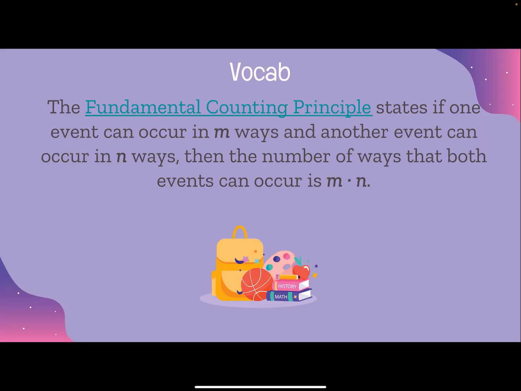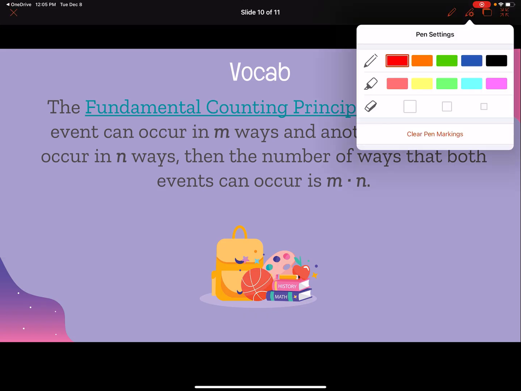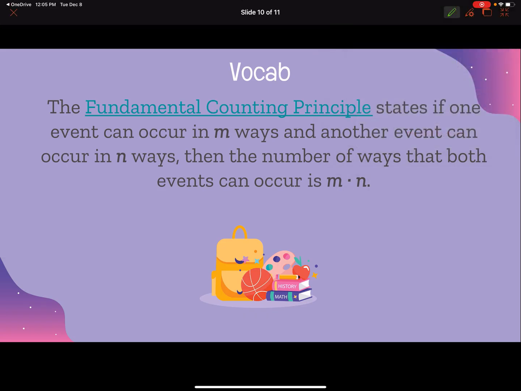Okay, we've got one more vocab that we're going to look at today, and that is the fundamental counting principle. Sounds very formal, but it states if one event can occur in m ways and another event can occur in n ways, then the total number of ways that both events can occur is m times n.